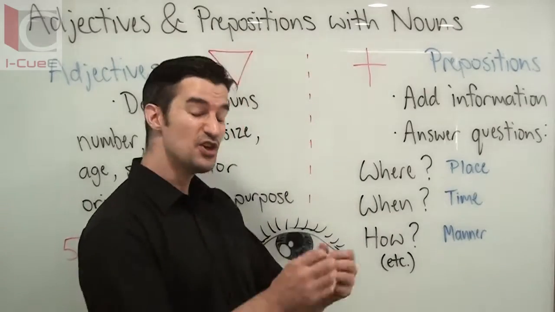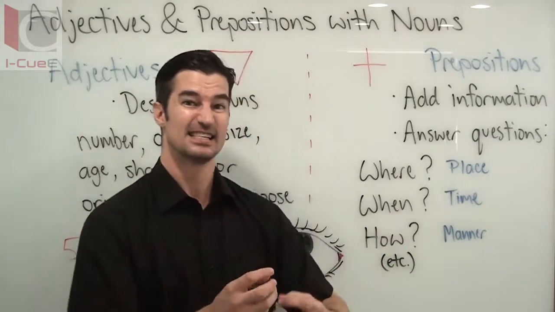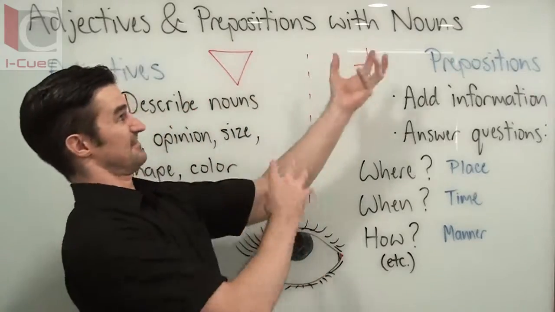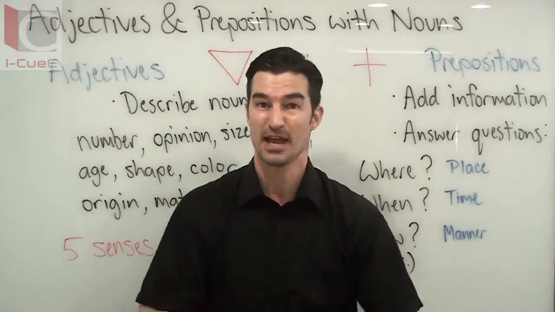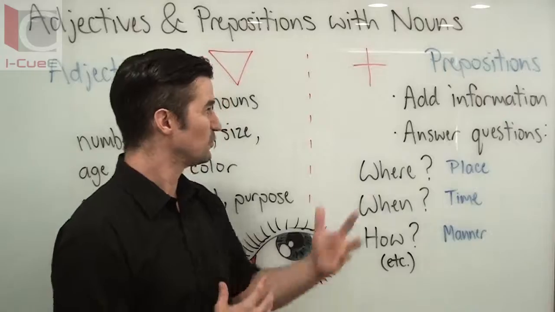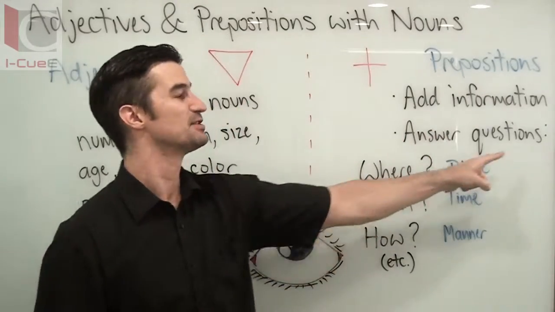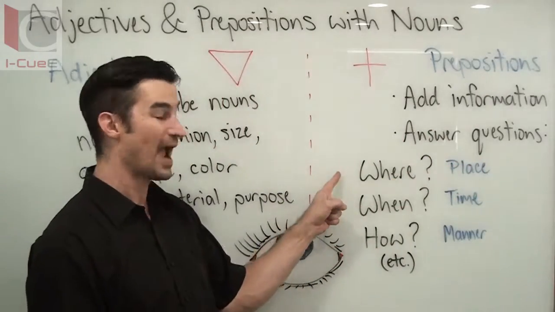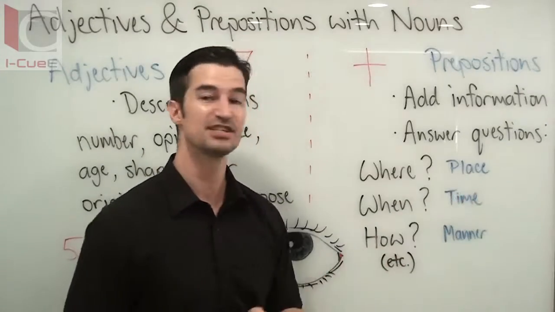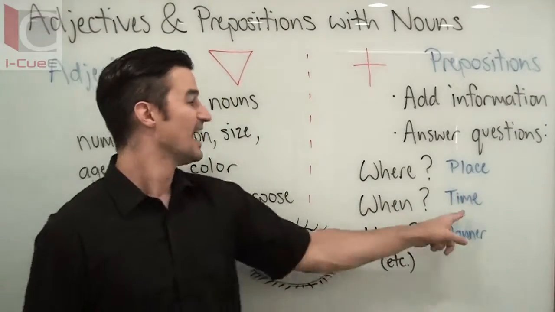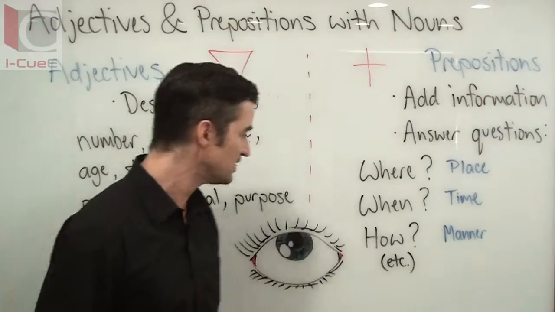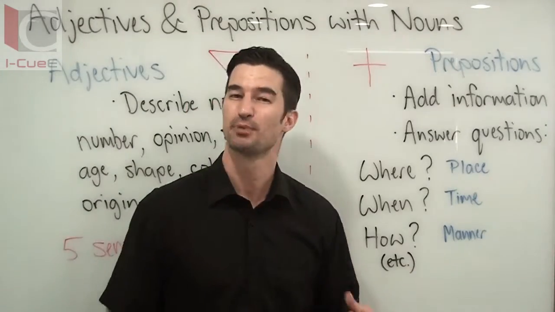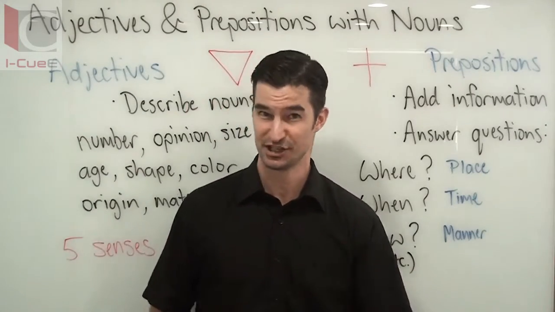Okay? So if you are connecting some sort of noun to more information or to more ideas, then we would generally add information by answering questions like where, and then we have prepositions of place, when, and we have prepositions of time, or how, and we have prepositions of manner or relationship.